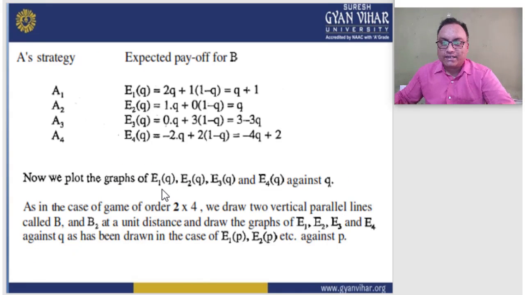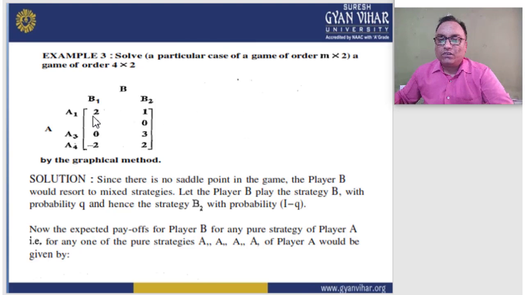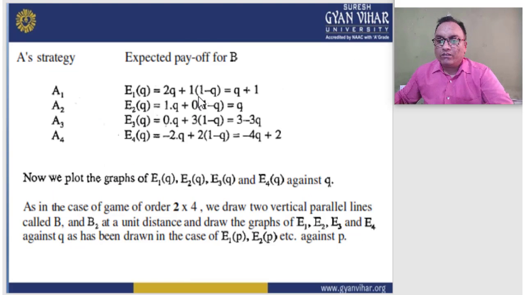So here are A1, A2, A3 and A4, four strategies, and this is the equation for A1. For the first equation, put 2Q minus 1 minus Q. Suppose the two strategies are Q1 and Q2, with Q1 plus Q2 equal to 100%, then Q2 equals 1 minus Q1, but here only Q and 1 minus Q are mentioned.